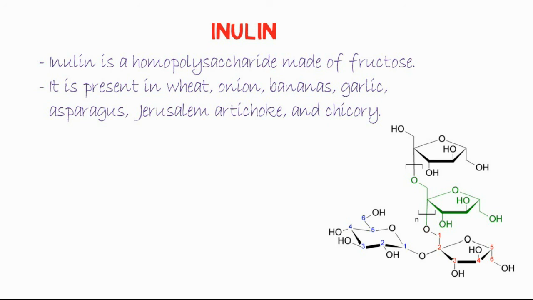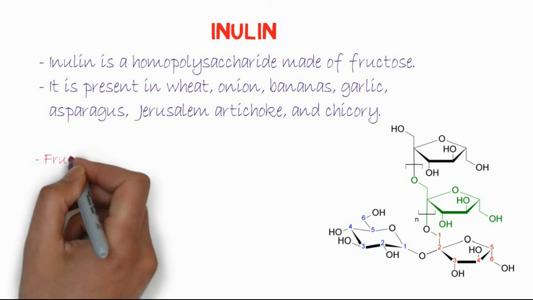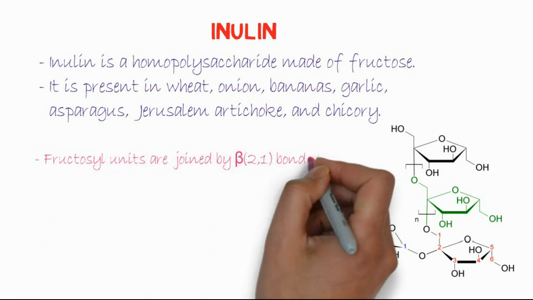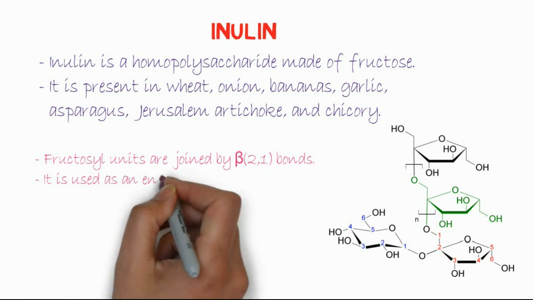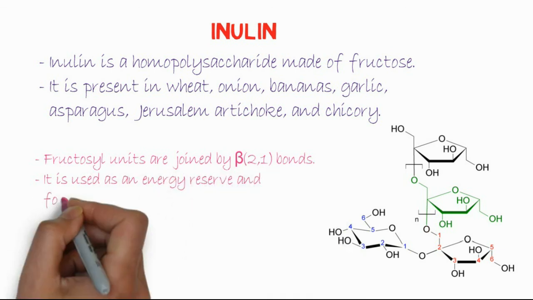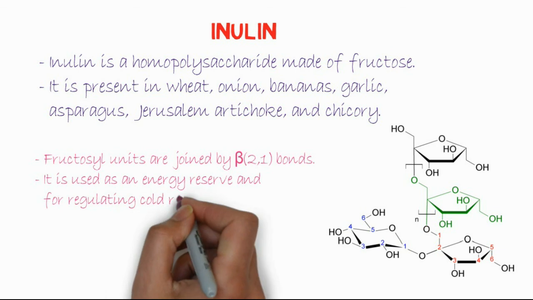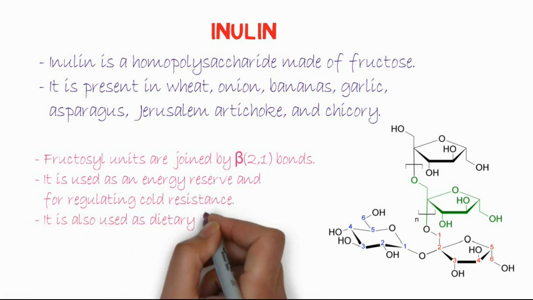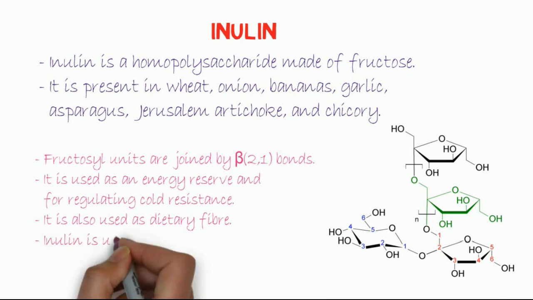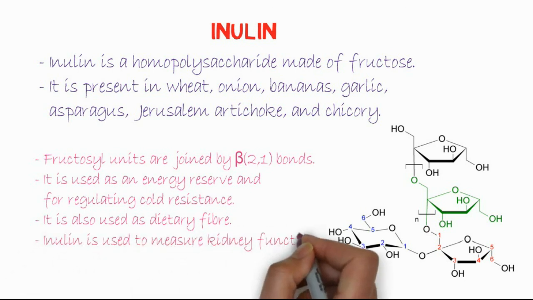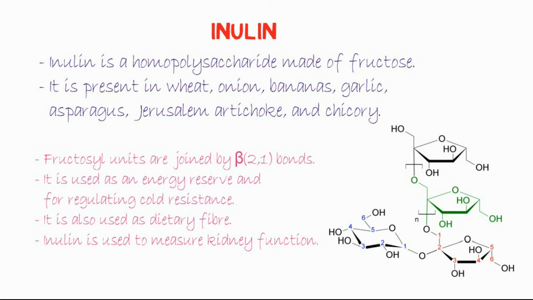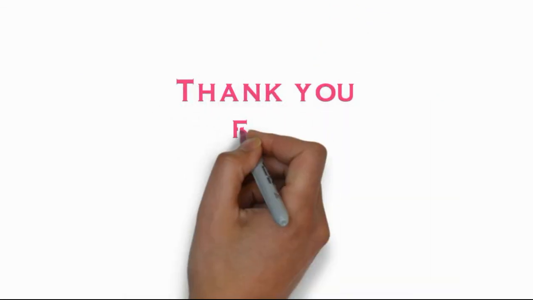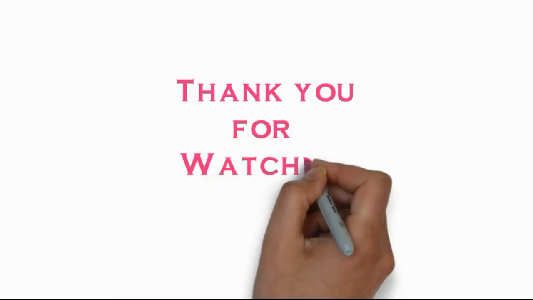You can see here the different fructose units attached to each other, forming a bond. The fructosyl units are joined by beta 1 to 2 bonds. It is used as a source of energy and for regulating cold resistance. It is also used as a dietary fiber. Inulin is also used for measuring kidney function in human beings.